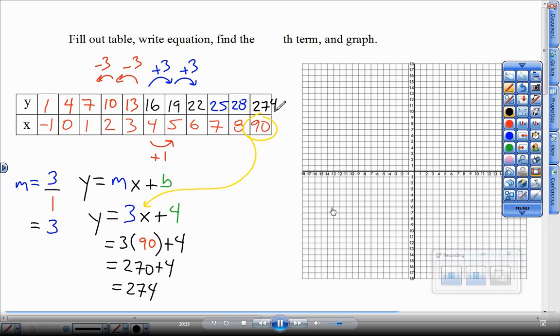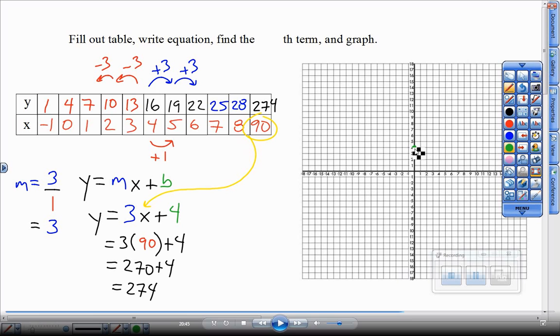Alright, and then when you graph, you could either graph by putting these as coordinates or by doing it in this preferred method, the slope-intercept method, which again, all you need to do is find that first point, 4. On your graph, you're going to put that very first dot on 4.